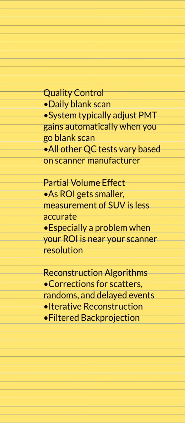So as far as the partial volume effect, that's really a concept that plays heavily into the SUV values. So as your ROI gets smaller, the measurement or the ability to measure your SUV is not as accurate.